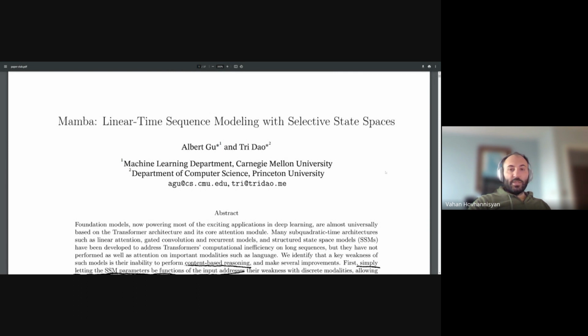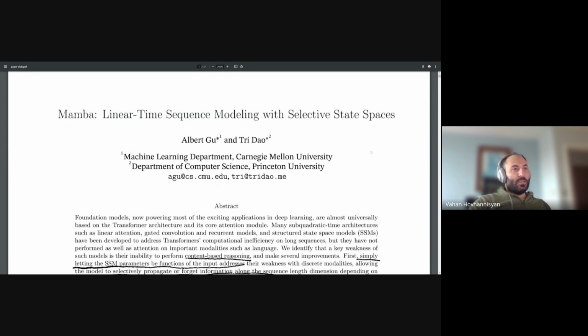Today I'm presenting, my name is Vahan, and I'm going to present this paper called Mamba: Linear Time Sequence Modeling with Selective State Spaces. I guess linear is the keyword here. The paper is built on top of other state space models, specifically S4, the more famous one.